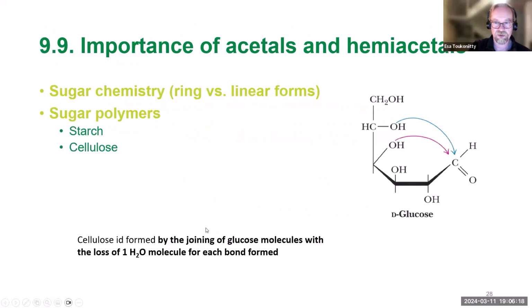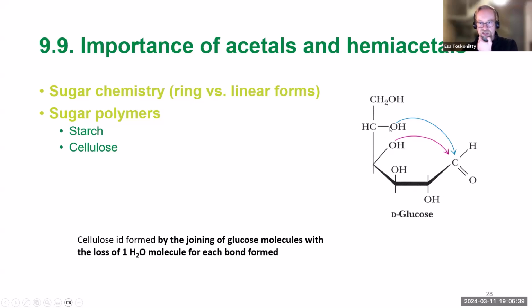And how it happens is that I have the glucose molecule here. In that glucose molecule, there is that aldehyde, that carbonyl group, and in that long sugar chain, hydrocarbon chain, you have plenty of hydroxyl groups.